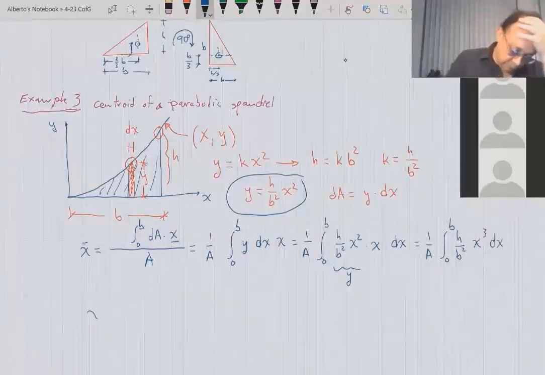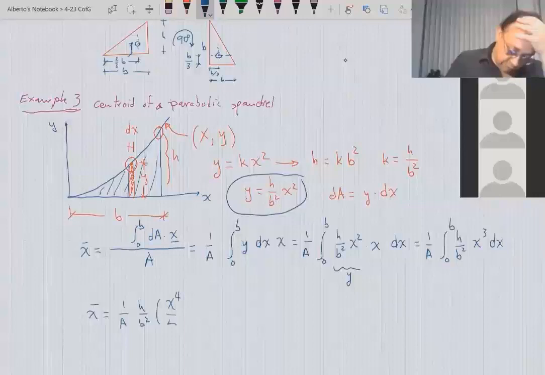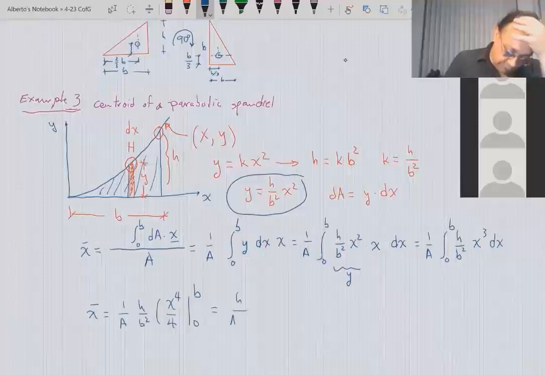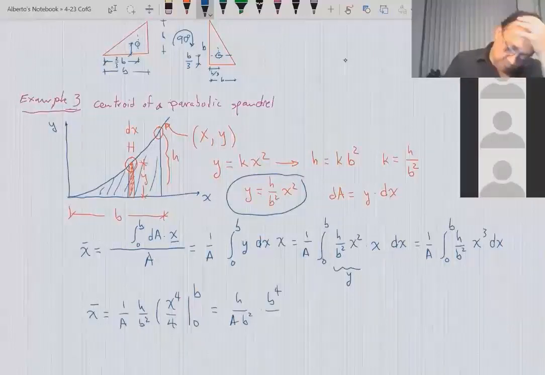So x bar equals 1 over A times h over b squared times x to the fourth over 4 from 0 to b. So it's going to be h over A b squared times b to the fourth over 4.